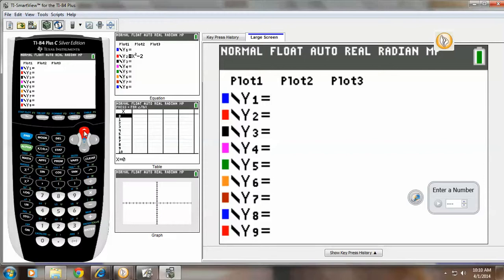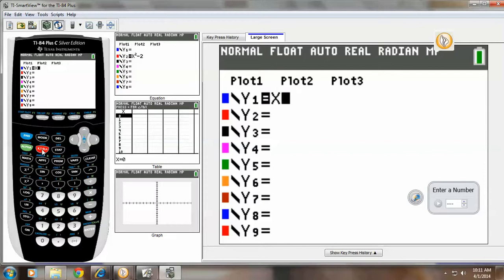Now, let's talk about where these buttons are. You need to click the x button, which is right here beside the green button. Do you see that? It says x and theta with a line through it. So click that button and it should bring up x.